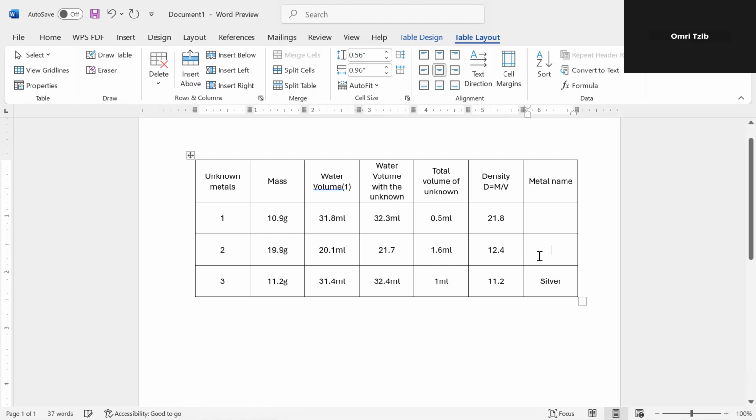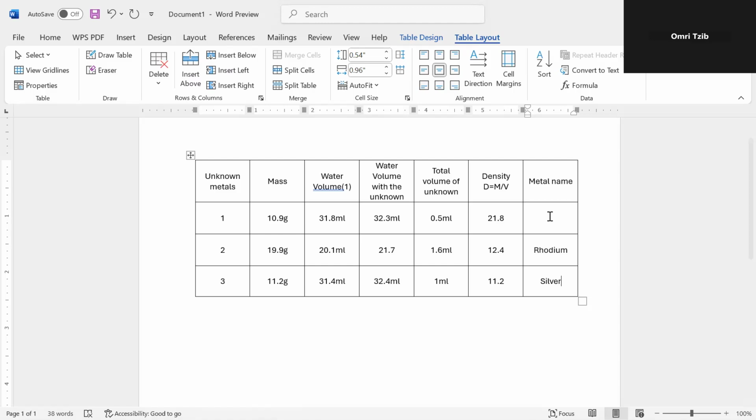Our second given was rhodium, which is 12.4. And here we see that our second unknown metal has a density of 12.4, so they match, which means rhodium would be our second unknown. And our final, which is silver, total of 10.5. I'm sorry, which is platinum, with a total of 21.45.